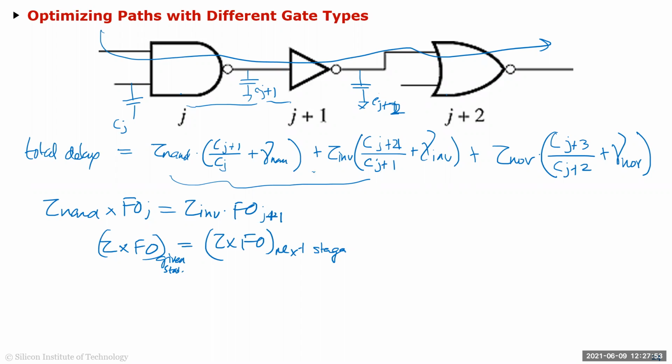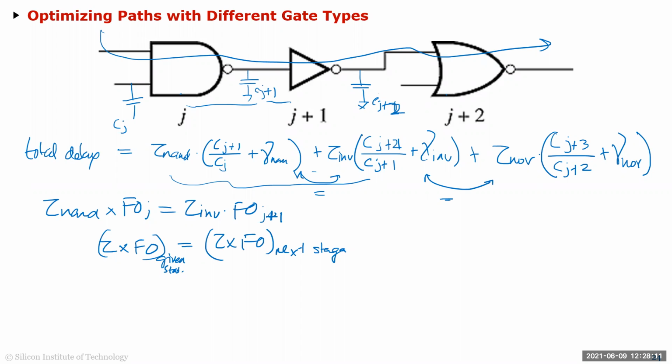So in other words, these 2 quantities should be equal. If I had the next 2 quantities, they should be equal, and so on. So that's what the derivation comes out to be.